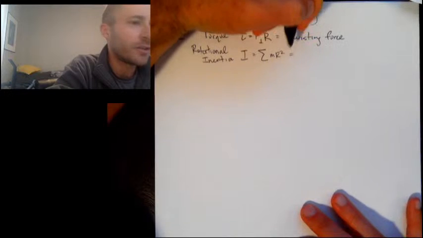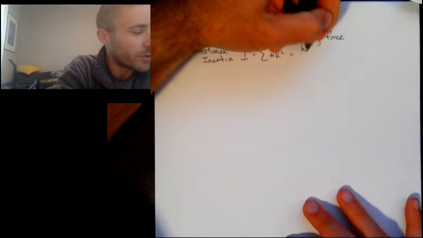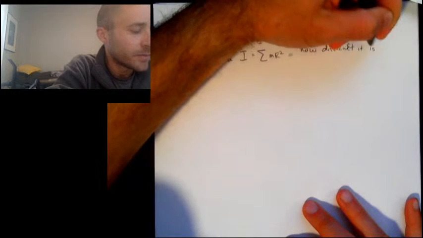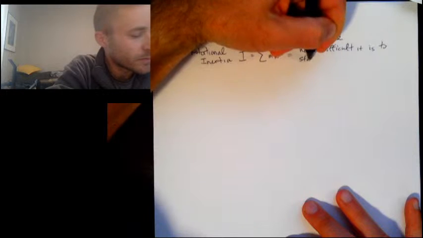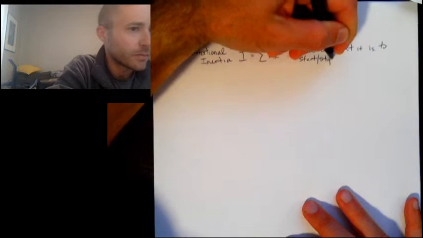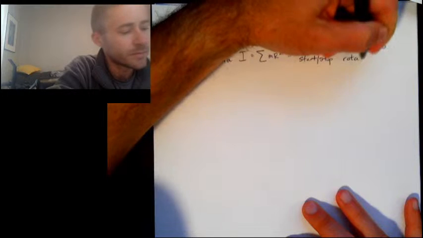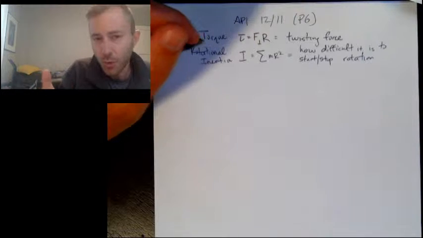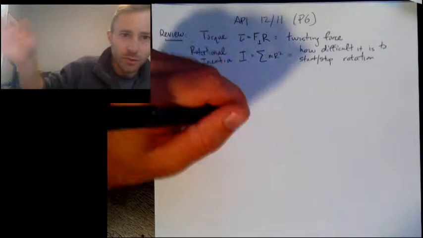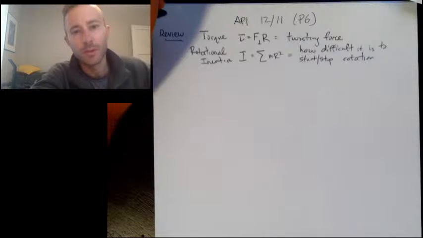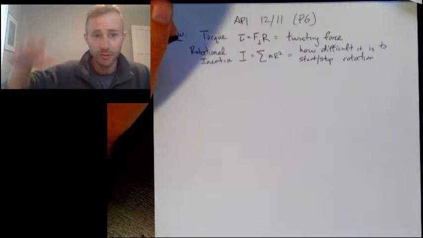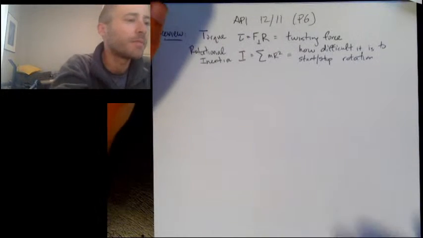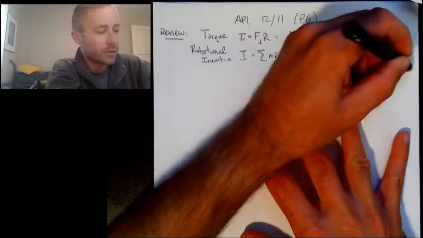The rotational inertia has the interpretation that it is how difficult it is to start or stop a rotation. And we're not talking about friction. Friction exerts a torque, so friction is like a counter torque to your own torque. But rotational inertia is in the absence of friction. How difficult is it to start or stop the rotation? Okay, so that's what we've learned about so far in rotational dynamics.